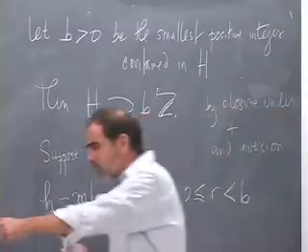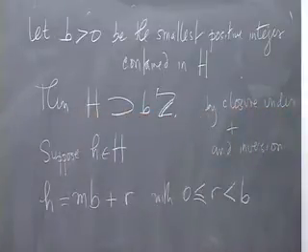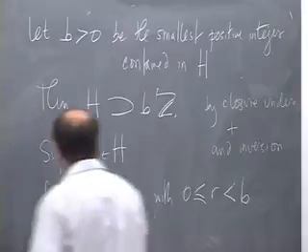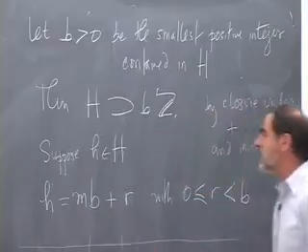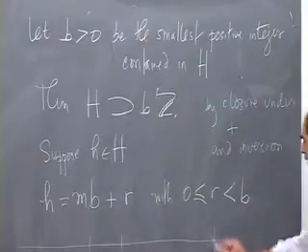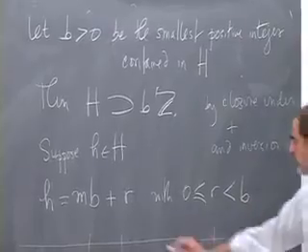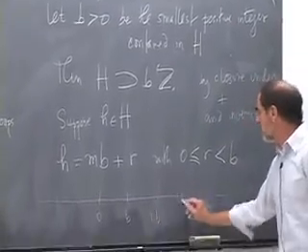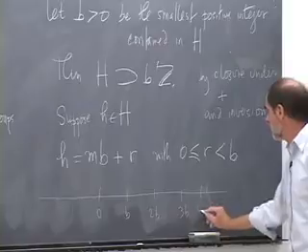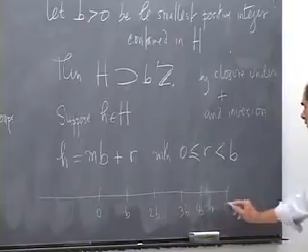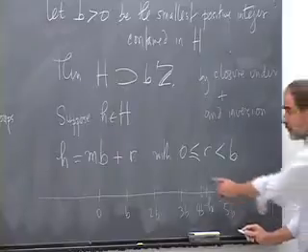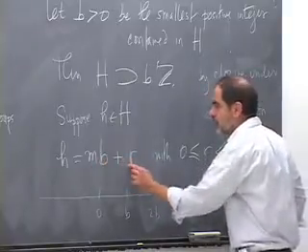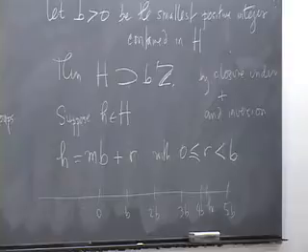You can always subtract off some multiple of B from your integer that's in the group that makes the remainder less than B. If you think of the elements in the group on the real line, here's 0. Here's our smallest element, B, which is in H. Here's some other element, h, which is in H. We just go marching off here in multiples of B until h is squeezed between two multiples of B, which means that if we subtract that multiple of B from h, the remainder is less than B.